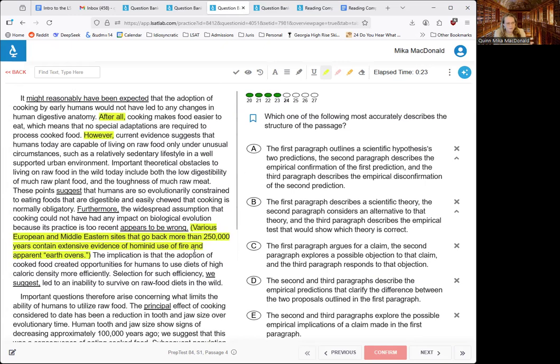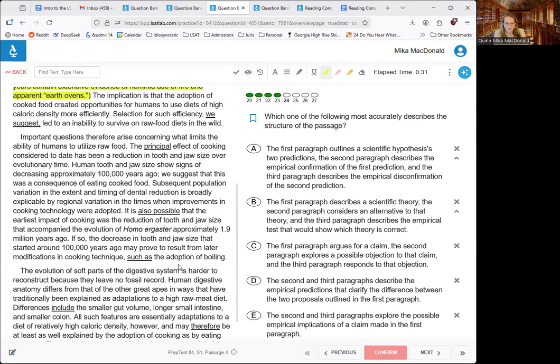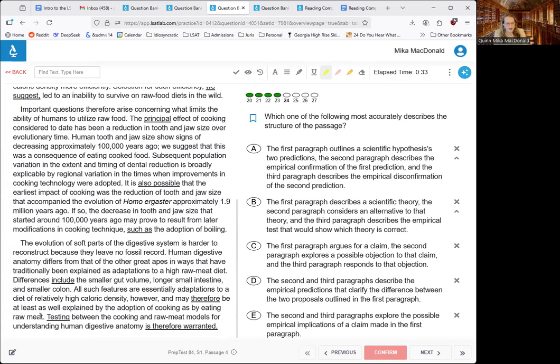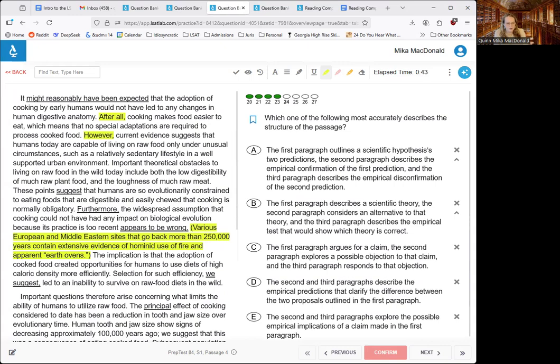So I'll give you all a second. What is the first paragraph doing? What is the second paragraph doing? What is the third paragraph doing? So take 30 seconds to just think about that and pre-phrase something on your own. And then if you want to jump in and suggest an answer, go for it.